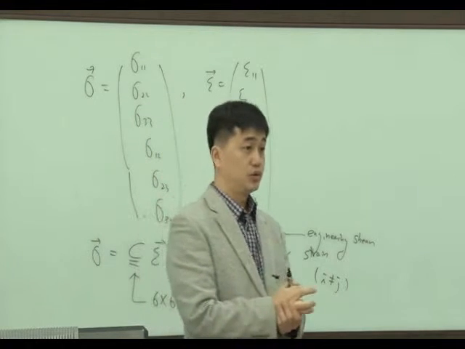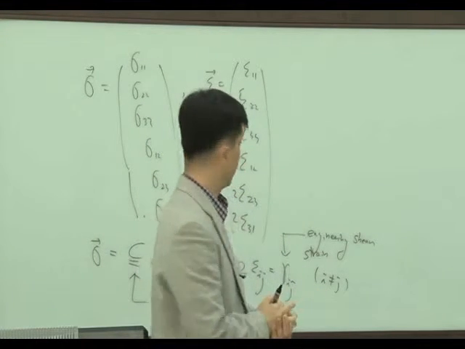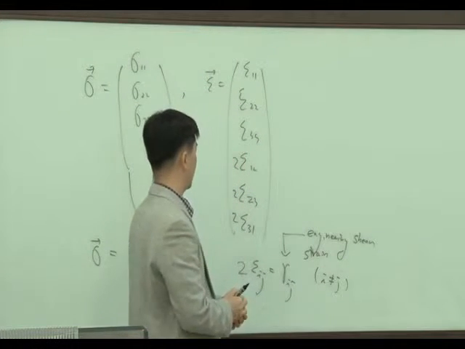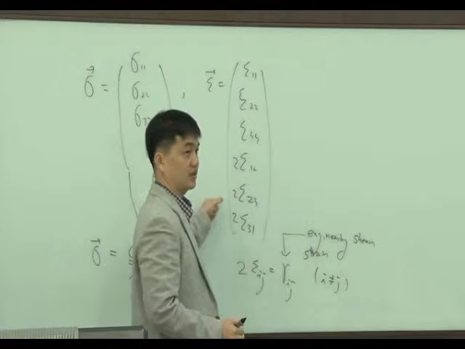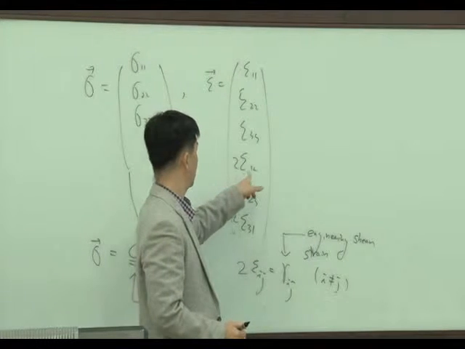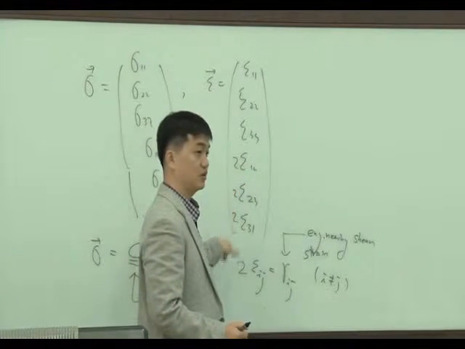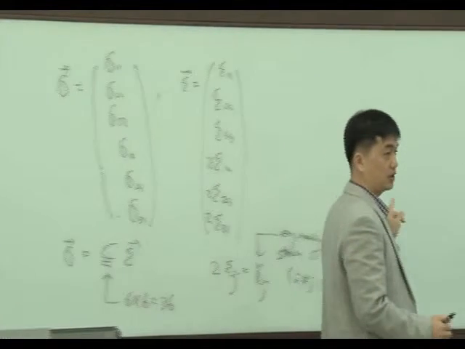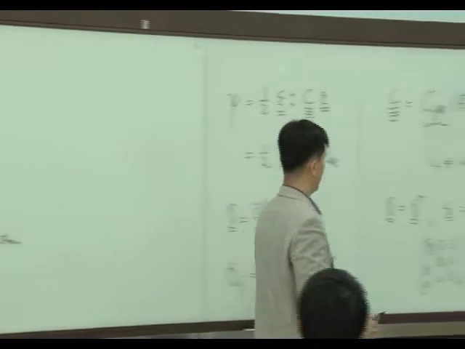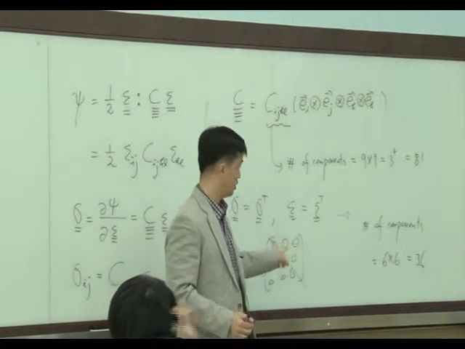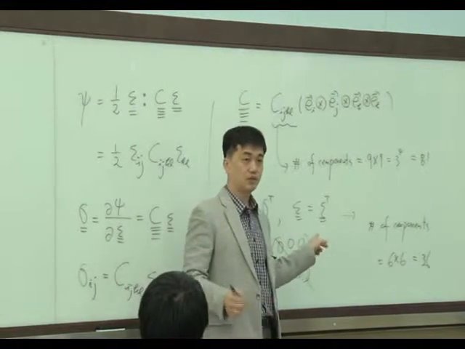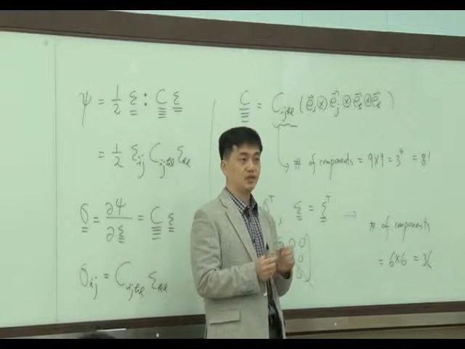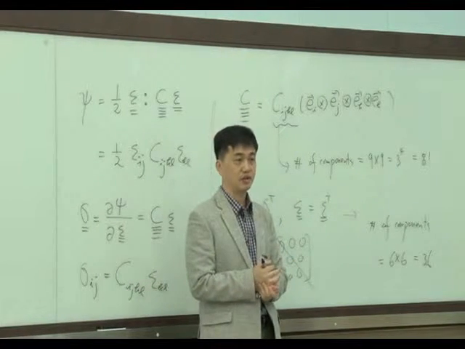When we use the vector type of strain, we are always using engineering shear strain. We need to have a 2 here. But when we use the tensor, we don't have that 2. So engineering shear strain and shear strain are different, right?